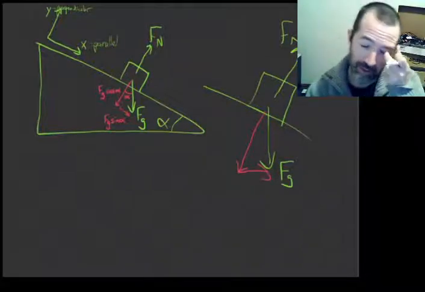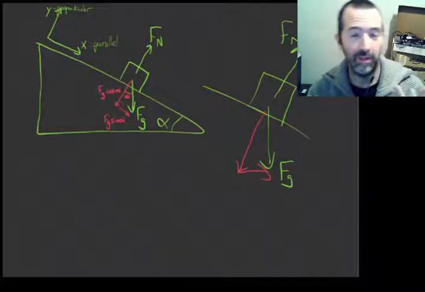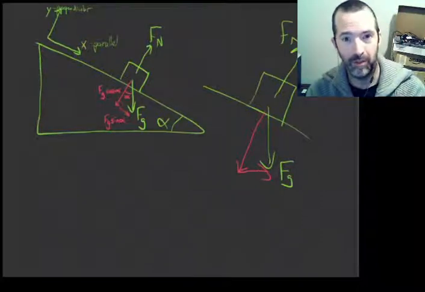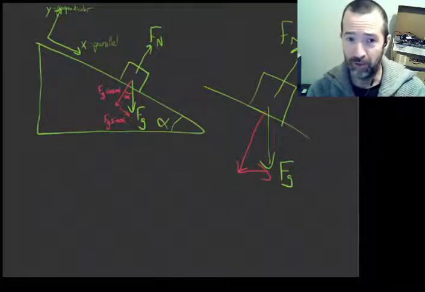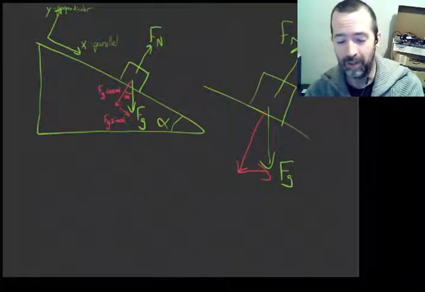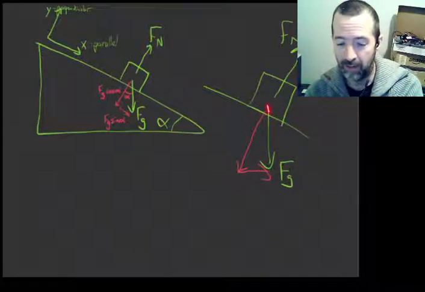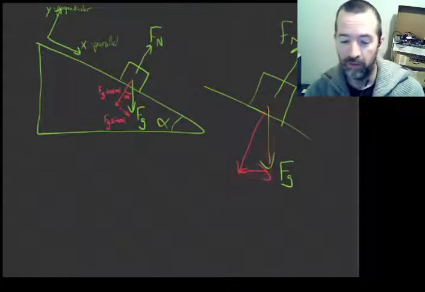I think the reason they do that is because they're used to the components for a vector having a vertical part and a horizontal part. And if I draw in those two sides, there is indeed a vertical part and a horizontal part.